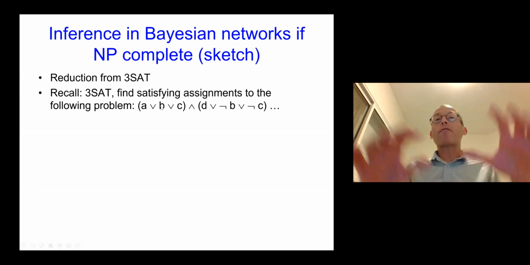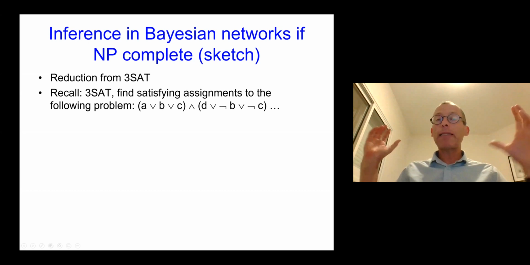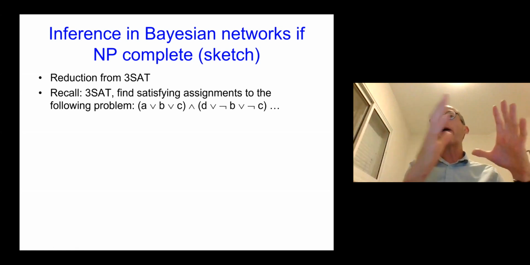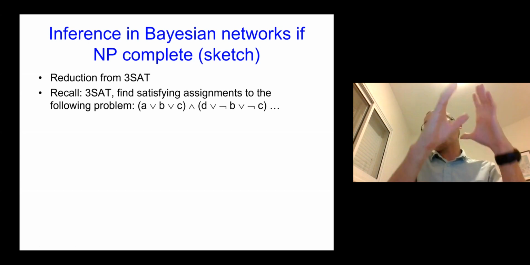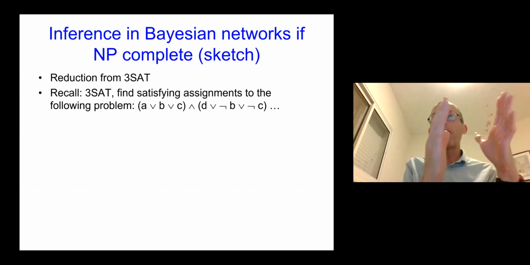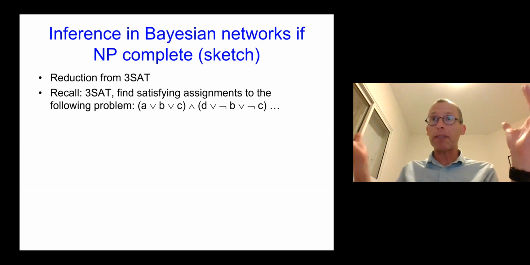Let's say we have n variables. We organize them into triplets, so each triplet contains 3 of these variables. A variable can appear in multiple triplets, that's not a problem.